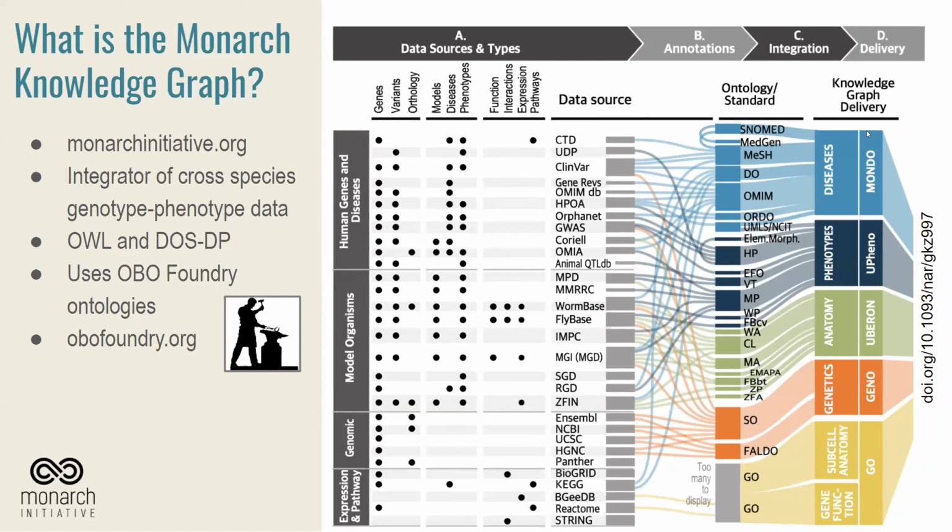And then we mapped those ontologies or standards to what we call unifying ontologies like Eupheno and Mondo. And it's these ontologies that we brought together to make the actual knowledge graph that you can interact with at the URL. And so all of this basically integrates genotype and phenotype data across species.